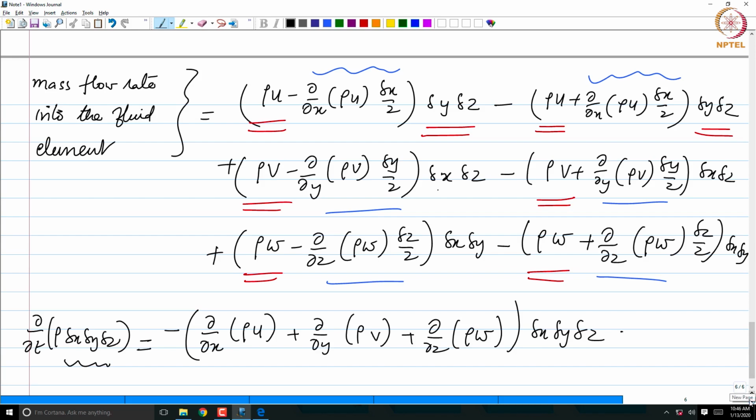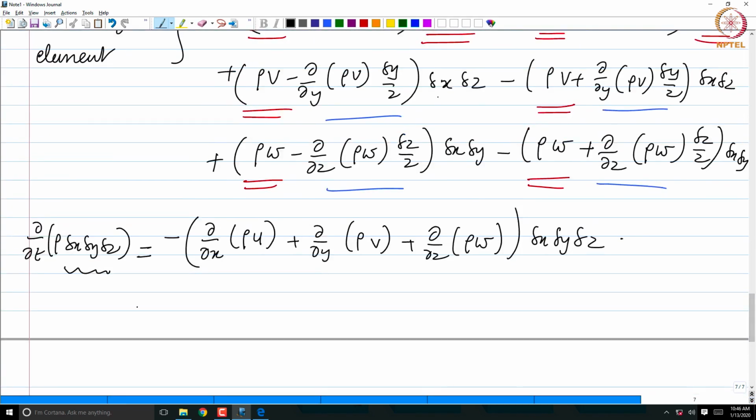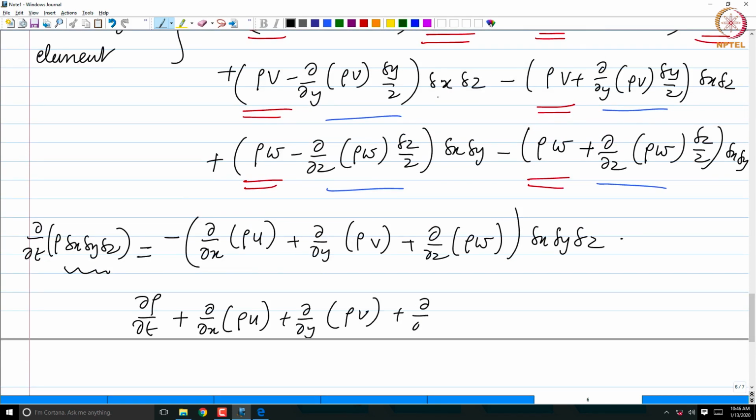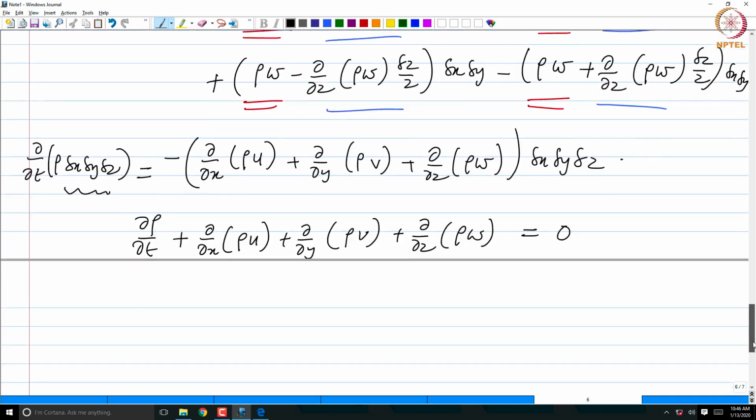So what we end up with is partial rho partial t plus partial x of rho u plus partial y of rho v plus partial z of rho w equals 0. So that is the conservation of mass.